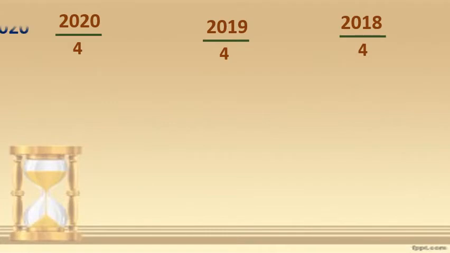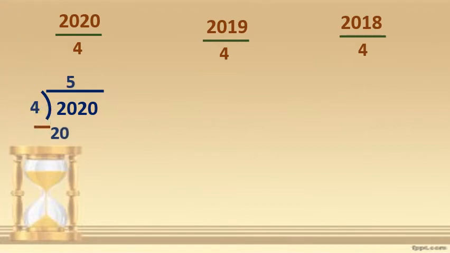Now first we will divide 2020 by 4 by division method. See, 4 1s are 4, 4 2s are 8, 4 3s are 12, 4 4s are 16, 4 5s are 20. You know division very well. So 20 minus 20 is equal to 0.